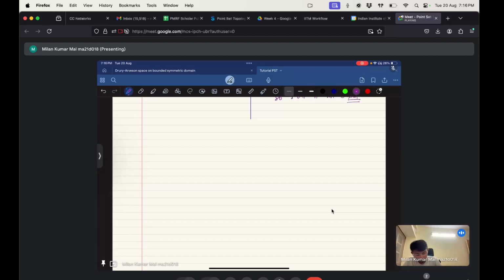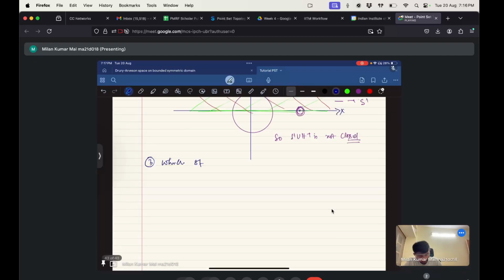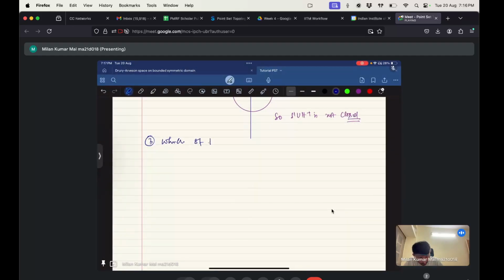Now the third question. The third question says: which of the following subset or subsets of M_n(R) is or are closed in the standard topology?